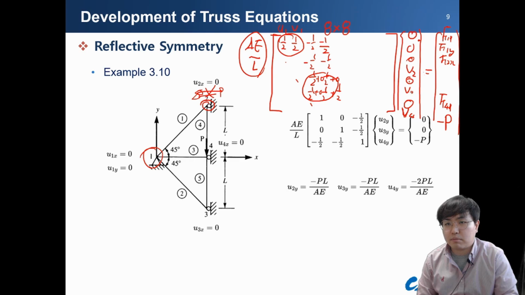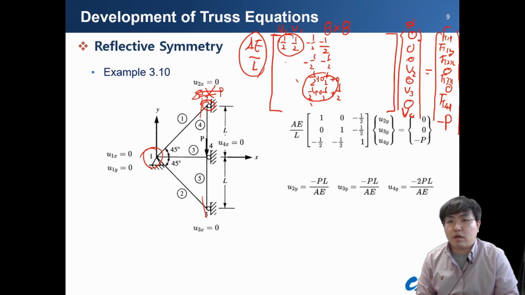I think this part equals 0, and there are no forces at the second and third node points. However, we can expect some reaction force in here. This unknown value in the force vector we can obtain after obtaining the displacement solution first.